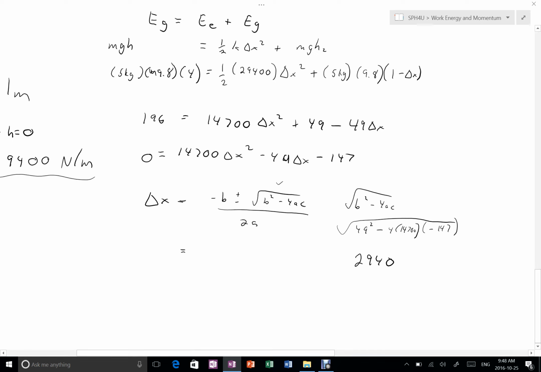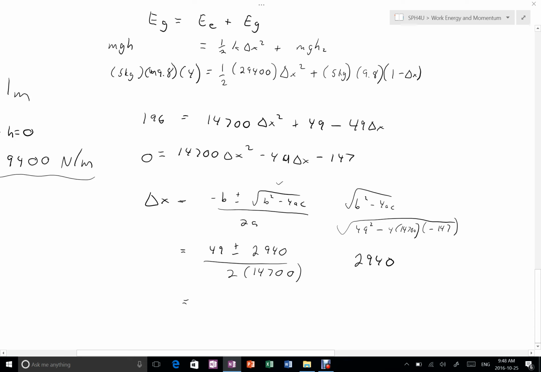So negative b will be positive 49 plus or minus 2940 divided by 2 times 14700.